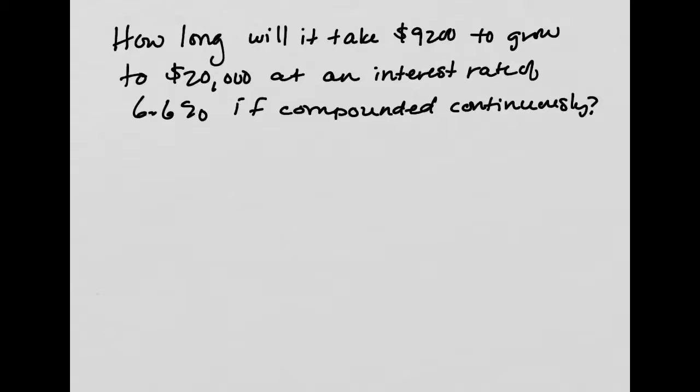The question is, how long will it take for $9,200 to grow to $20,000 at an interest rate of 6.6% if compounded continuously? Okay, so we need to remember our continuous compounding formula, which is A equals Pe to the rt.